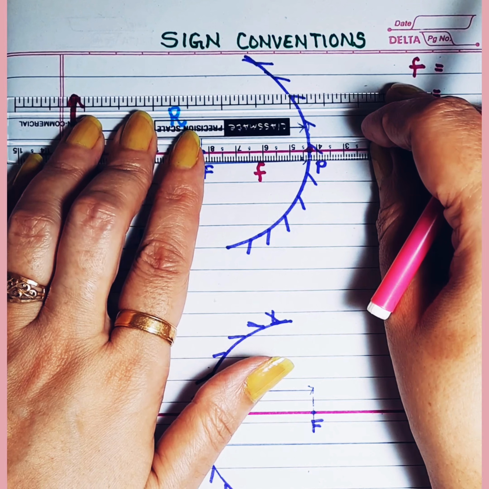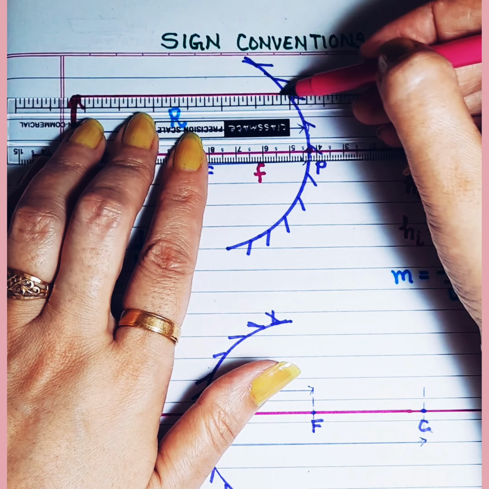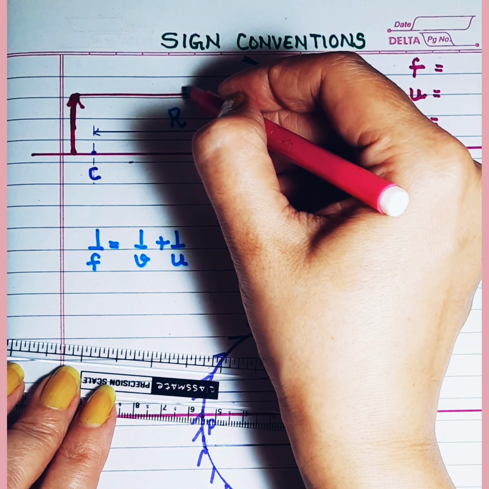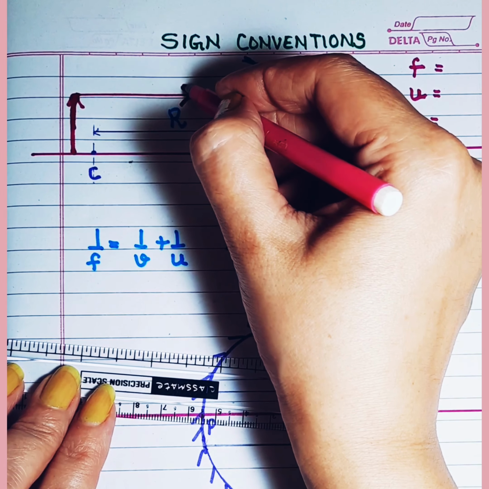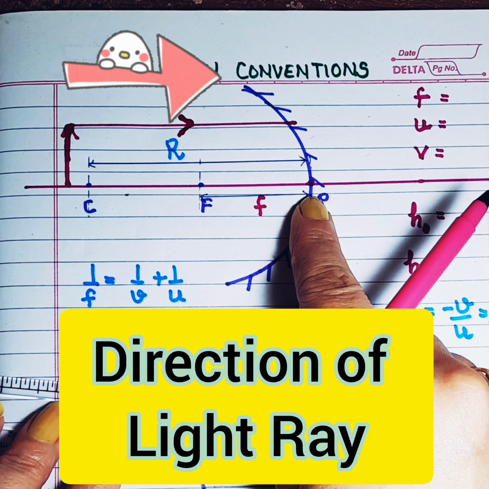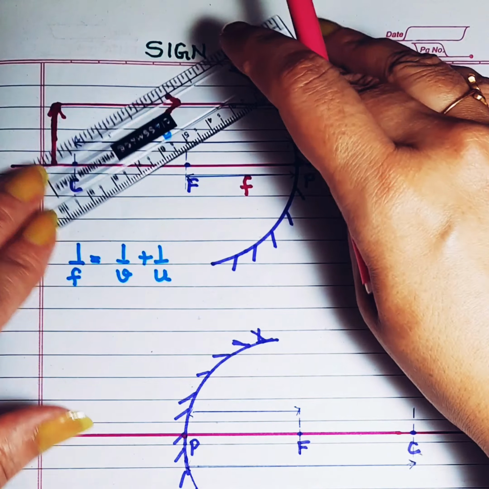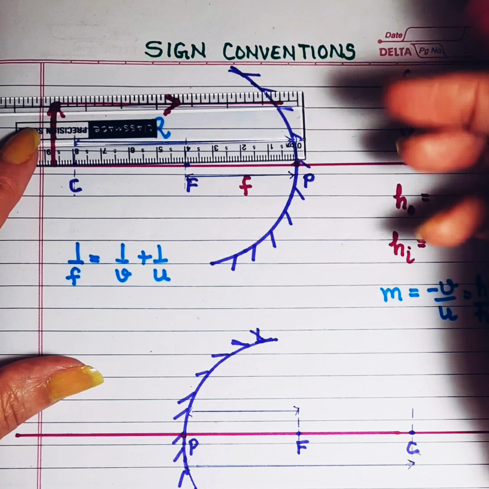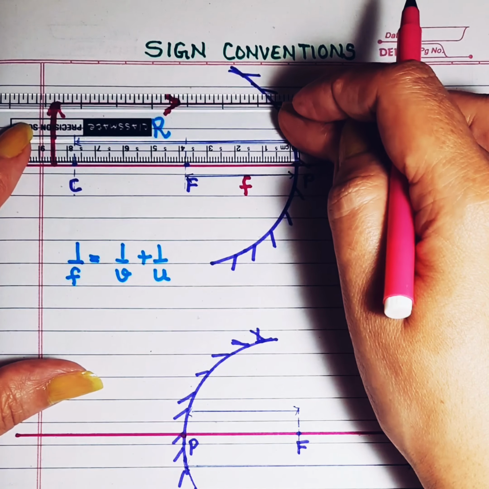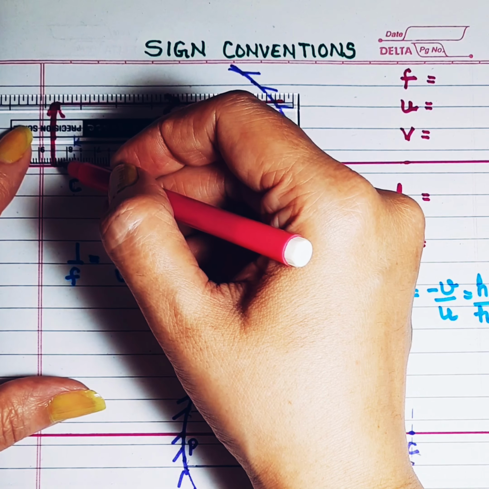Now we will be applying the rules of image formation. The light ray will go parallel to the principal axis. Now just look at the direction in which this light ray is moving. If I have to measure the distance of my object, I will keep my scale like this, 0 at the pole, and start moving this side to measure the distance.